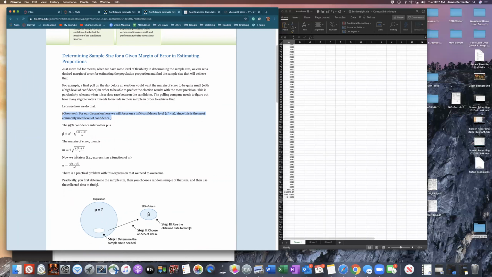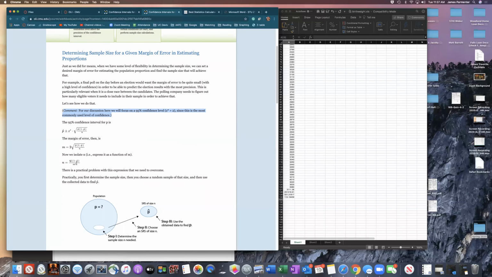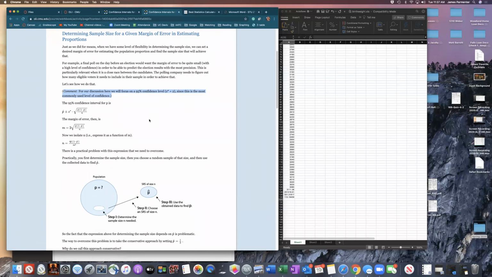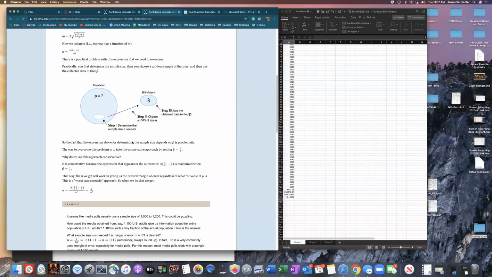So then you can use this, which I guess is why 2 might be nicer than 1.96, to isolate n in this expression to figure out how large a sample size you need to get a margin of error that is whatever level you want it to be. So if you want the margin of error to be 0.05 or 5%, you set the expression equal to 0.05, p hat is what you calculate it to be, and you can solve for n to do that. So that's kind of useful.